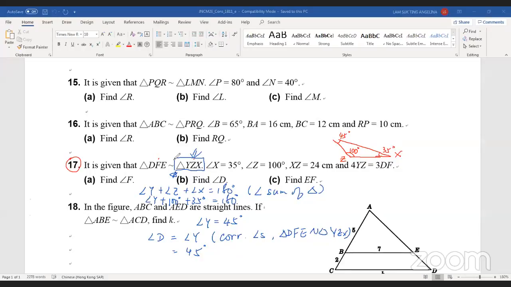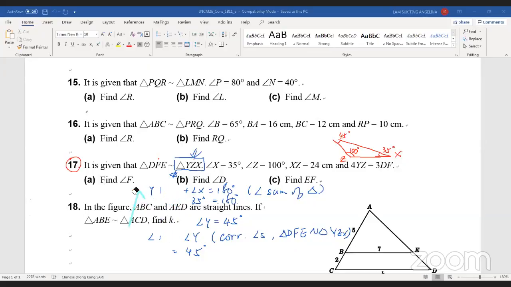But I think most of you may skip all these steps. That is the problem. This is what you need to learn: how to write the steps in detail. It means you need to really explain to the others why you can get 45 degrees.